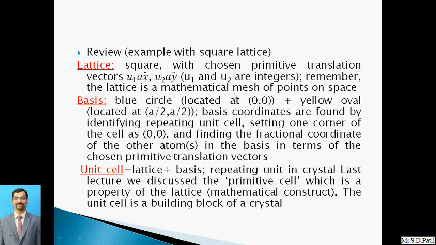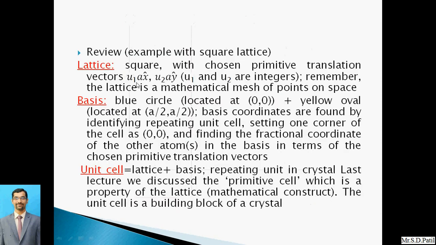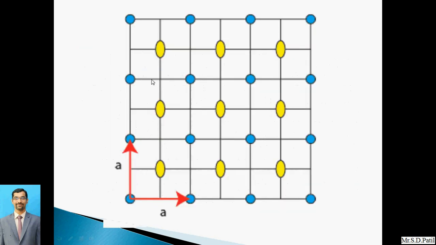So the basis is the blue circle located at 0 0. Here you can see these are the blue circles, located at 0 0, plus the yellow oval located at a/2, a/2. Basically, the square with the chosen primitive translational vectors u1 ax means in this direction u1 units along the x direction and u2 units along the y direction.